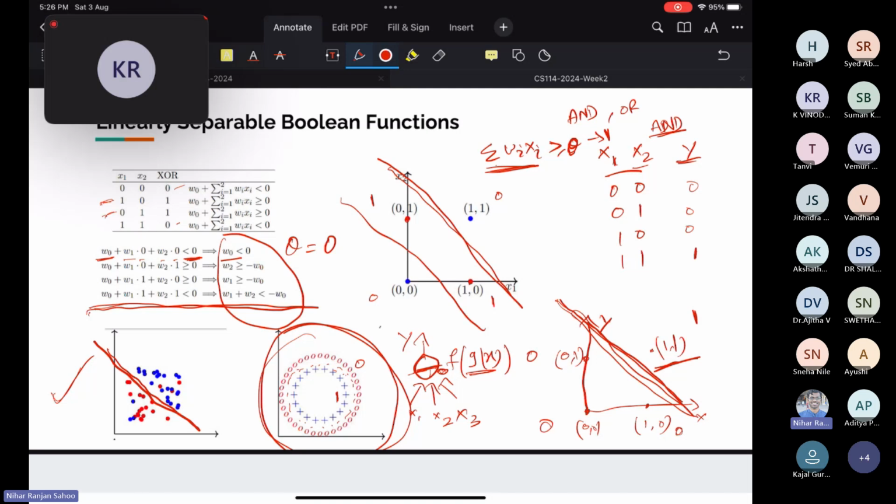Because of noise, some points on this side are blue and some points on the right side are red. What does it mean for the color to be red or blue? Let's say the red dots represent class 1 and the blue dots represent class 0. During annotation, maybe because of some noise, these 3 points were annotated as class 0 even though they should be class 1. So this kind of noise is possible in the data creation step.